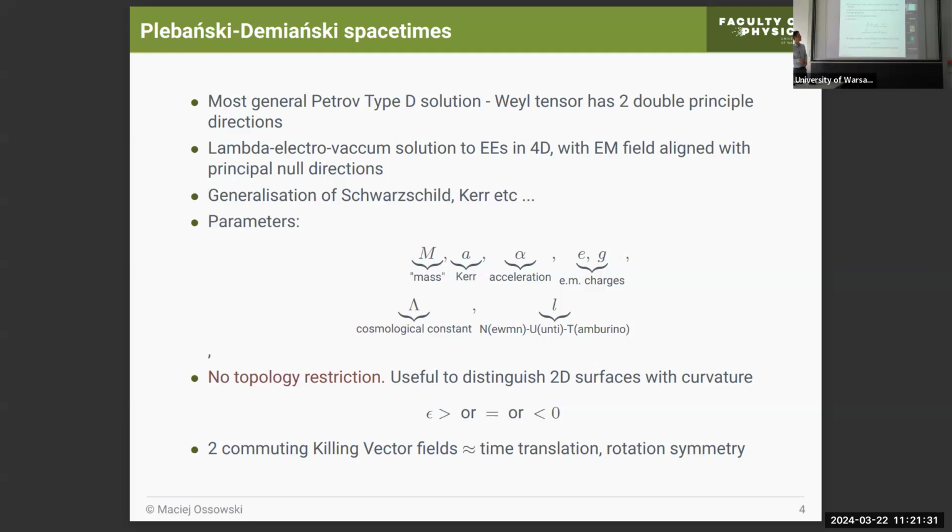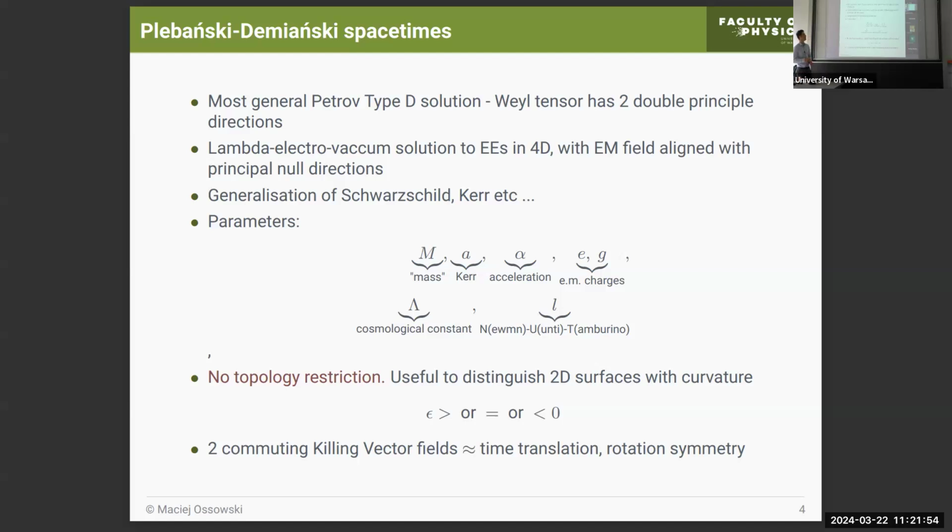So in general, there are seven physical parameters in Plebański-Demiański spacetimes. Those are their customary names. However, out of those 7, I think only 3 of them really admit a clear-cut physical interpretation.